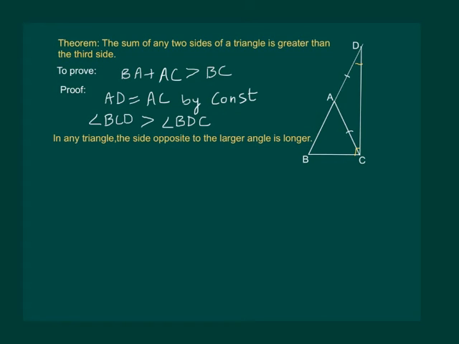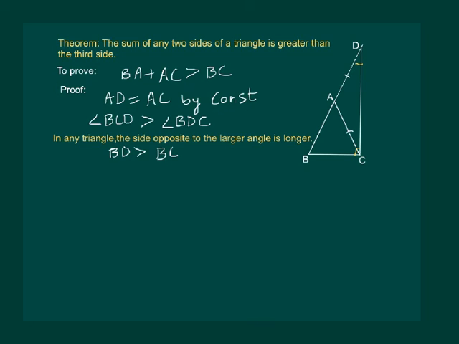And by the previous theorem we know that in any triangle, the side opposite to the larger angle is longer. That would imply that the side BD, which is opposite to angle BCD, will be longer than BC, which is opposite to angle BDC.